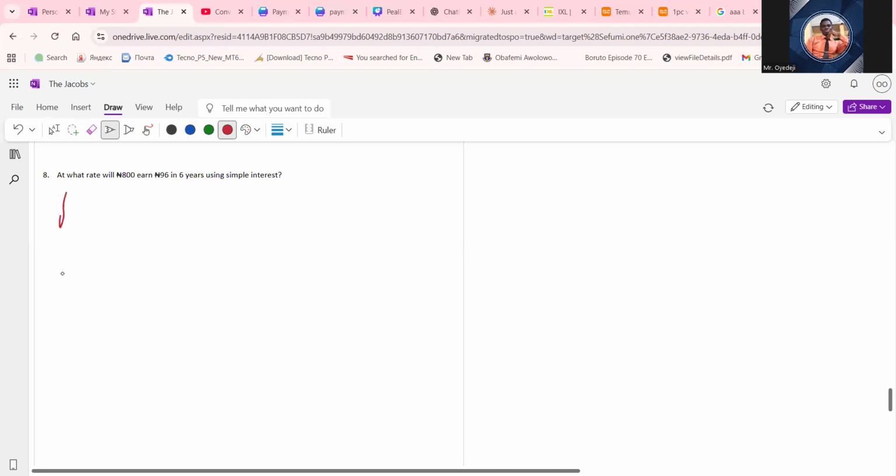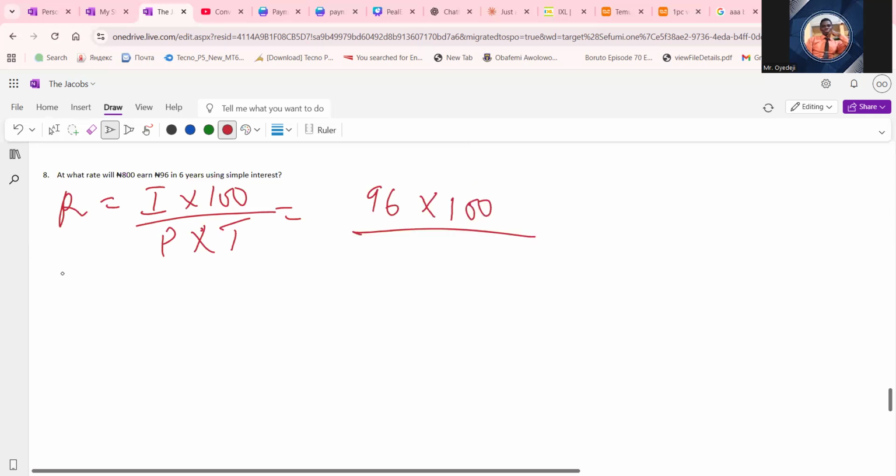So we have R equals interest times 100 over principal times time. Interest is what? 96 naira times 100 over principal, which is 800, and the time, which is 6 years.